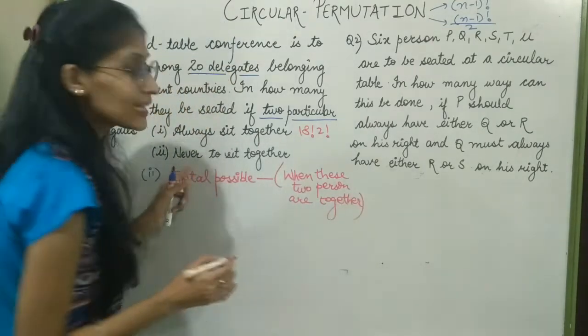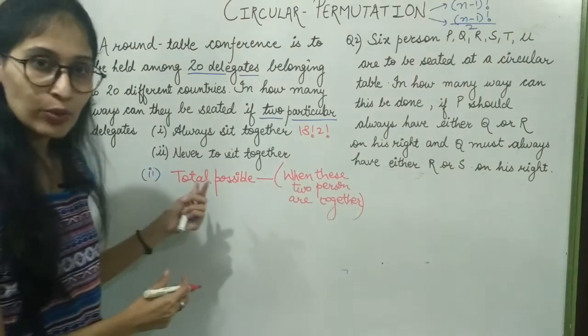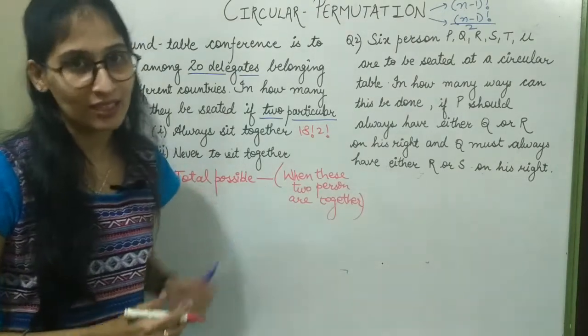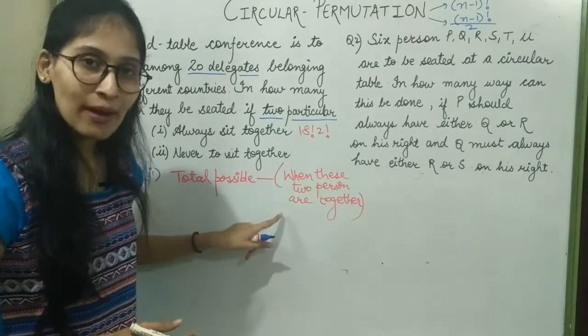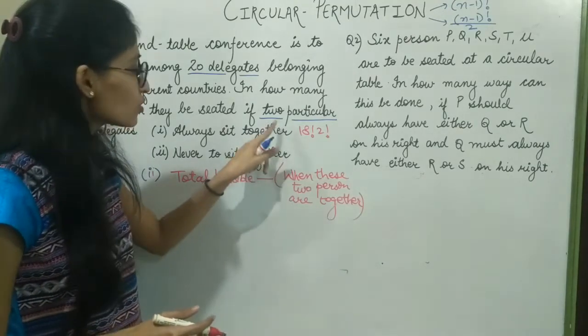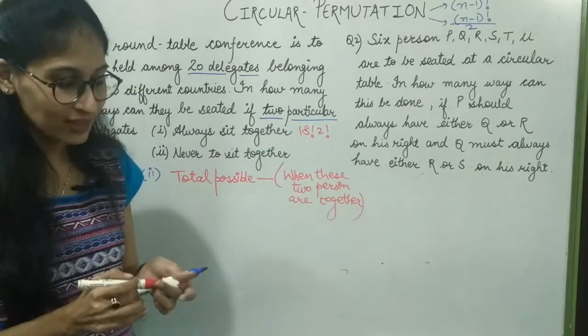For the second case, I have to find that two persons should never sit together. So can I write it like total possible sitting arrangements minus the arrangements when these two persons are sitting together?